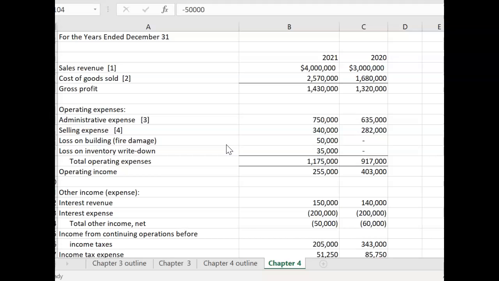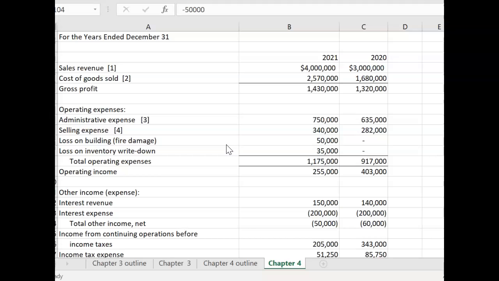The sales revenue that pertains to the component unit is listed below, and the cost of goods sold, the administrative expense, the selling expense, and operating income. They can determine the revenue for the component unit being sold. And in 2020, they provide the same information.